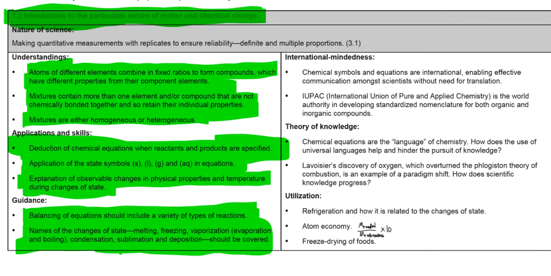Next up, we have refrigeration and how it's related to changes of state in the utilization part. In refrigeration, we have a liquid called refrigerant, and in the refrigerators in your house, pressure changes are applied to this liquid. Based on pressure changes, you can change the state of this refrigerant. When changes in state occur, you have changes to the forces between the atoms or molecules in that refrigerant, and this induces a temperature change.